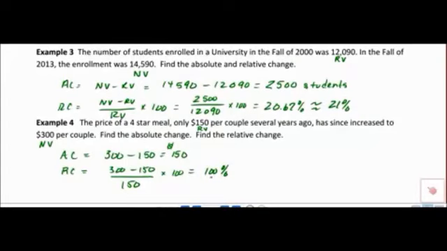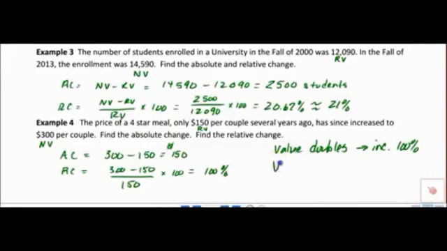So that tells me the price of a 4-star meal has increased by 100%. Notice that the price doubled. So you could say, if the value doubles, then that's interpreted as an increase of 100%. It increased by 100%.